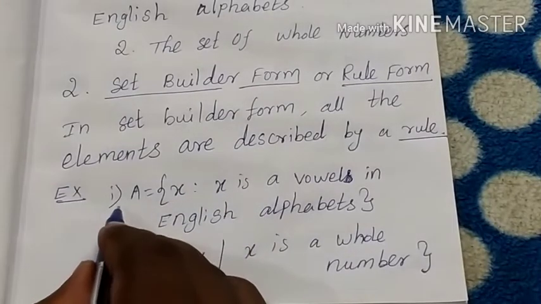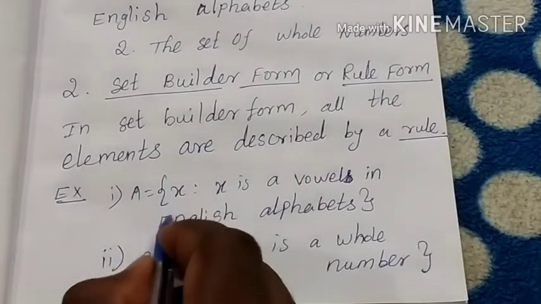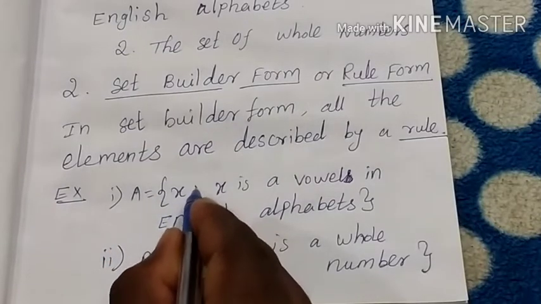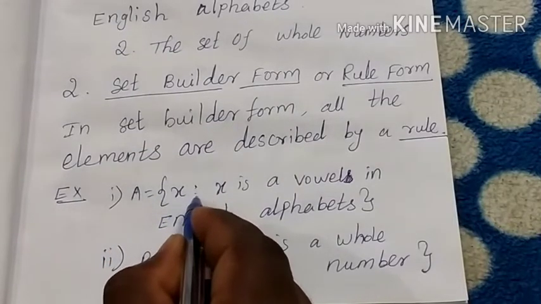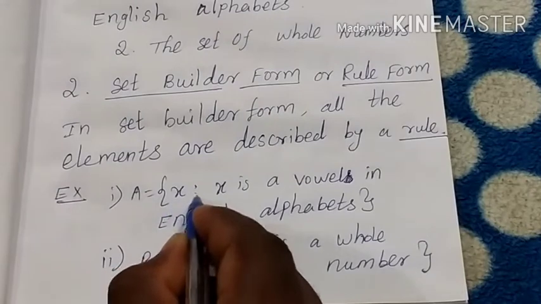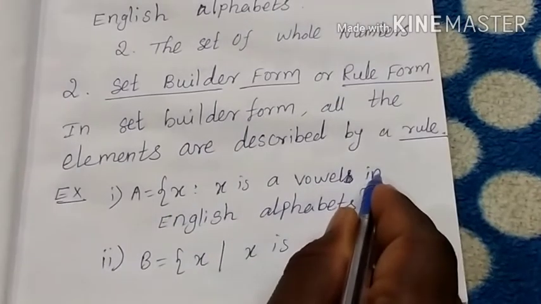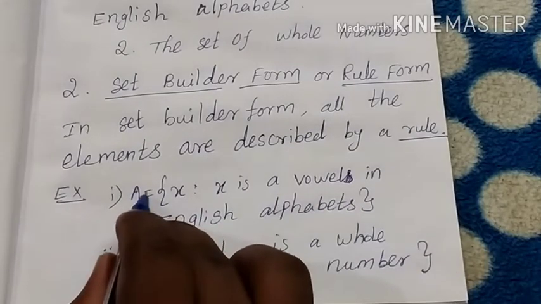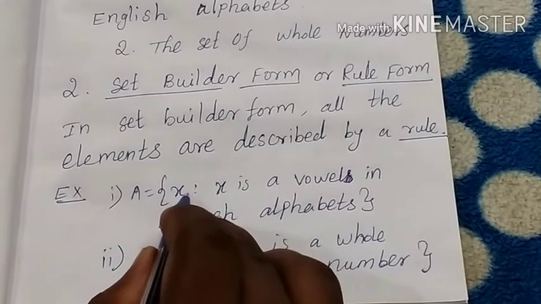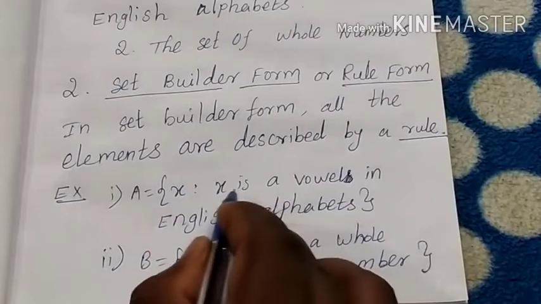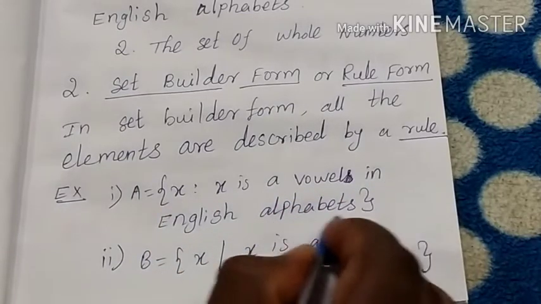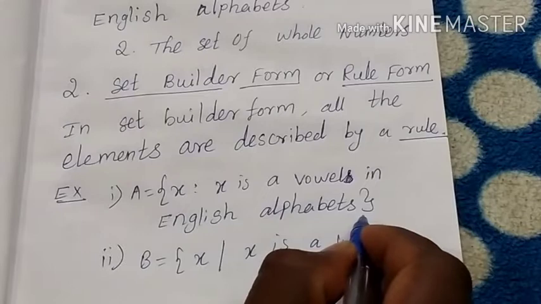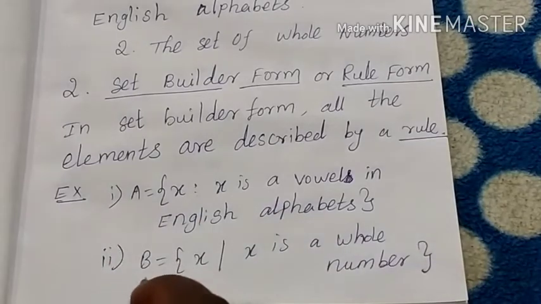Here we write A is equal to the set of all x, such that x is a vowel in the English alphabet. The colon can be read as "such that". First define the set, A is equal to the set of all x. Then the rule is x is a vowel in the English alphabet. Have you understood this?